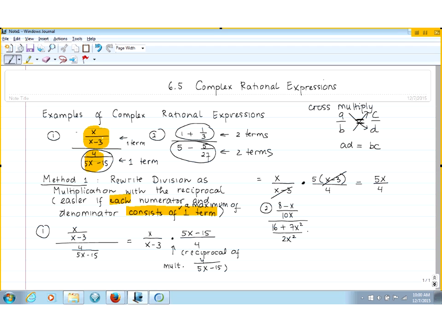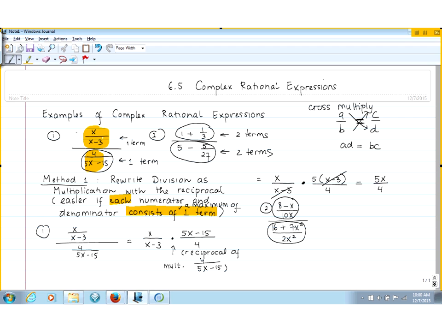Now, let me ask you, how many terms is this? 1. It is considered one term. How many terms is this? It's considered one term, right?